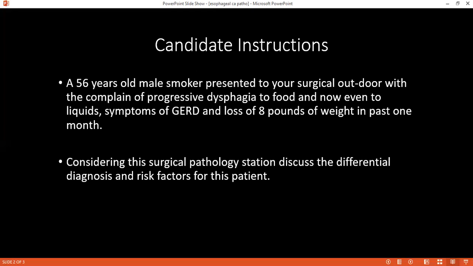N0 is no nodal metastasis, N1 is 1 to 2 lymph nodes, N2 is 3 to 6, and N3 is more than 7 lymph node metastasis. M0 is no metastasis, and M1 is distant metastasis. Then there is histological grading. Grade 1 is well differentiated, grade 2 is moderately differentiated, and grade 3 is poorly differentiated.